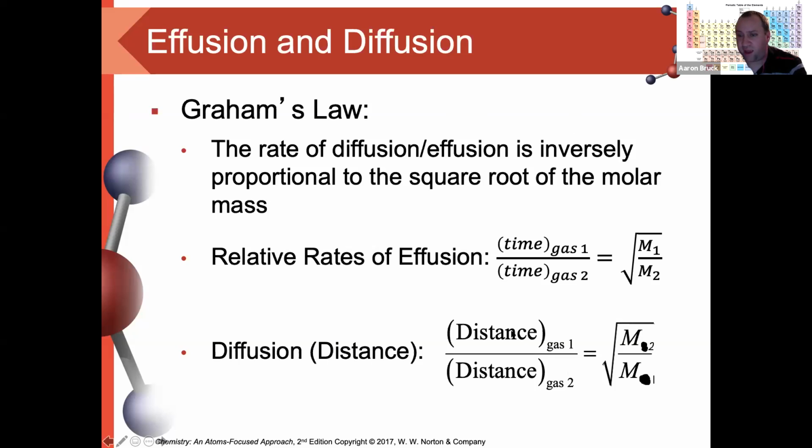A heavier gas is going to travel less distance than a lighter gas will, and so there is a reversal here. So if I have my heavier gas here, the lighter gas is going to travel twice as far.